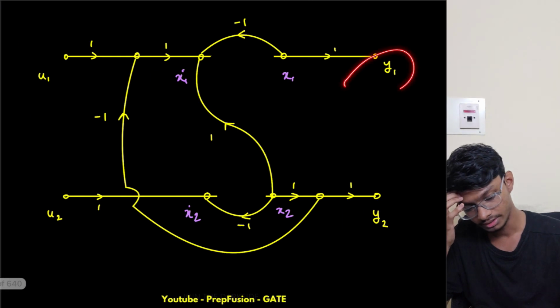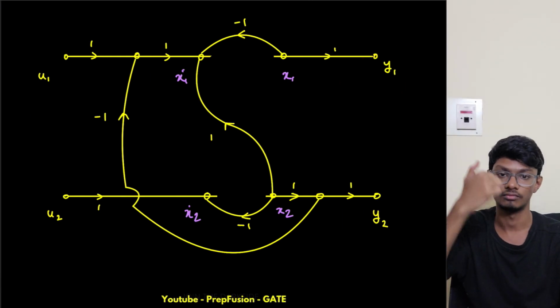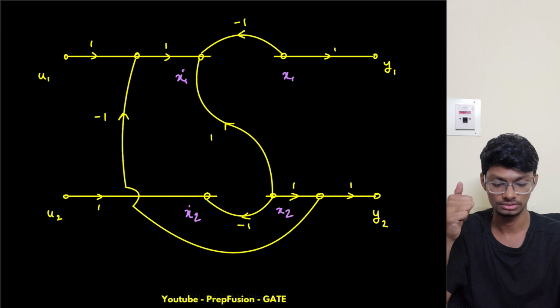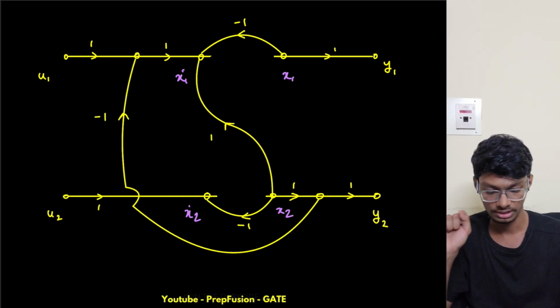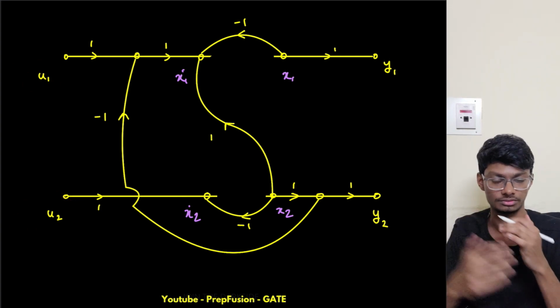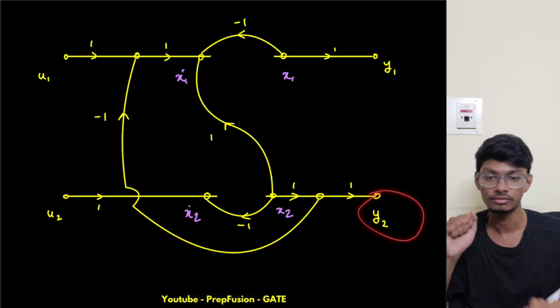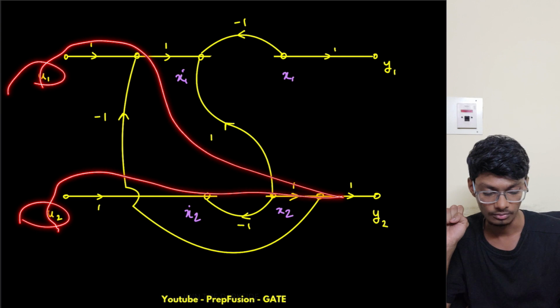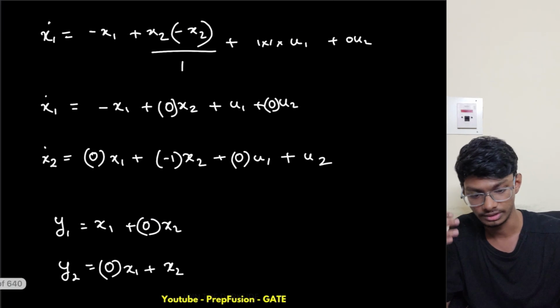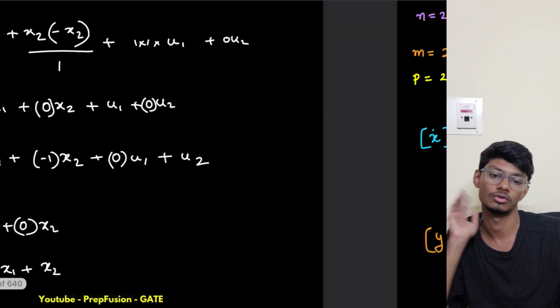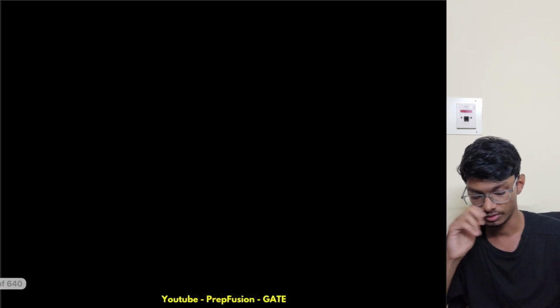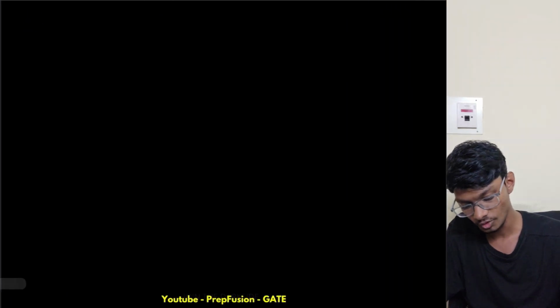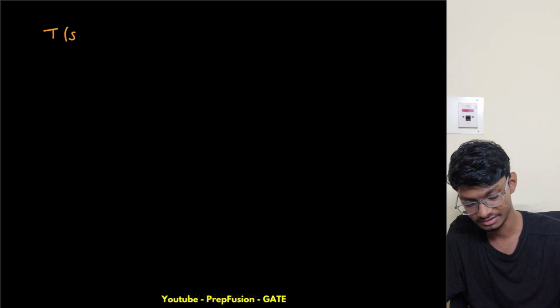Because output y1 will have 2 transfer functions, due to u1 and due to u2, where we will apply superposition. Now y2 will also have 2 transfer functions, due to input u1 and input u2. So that's why it is a 2 cross 2 transfer function matrix. So what is the transfer function equation? It is sI minus A inverse.